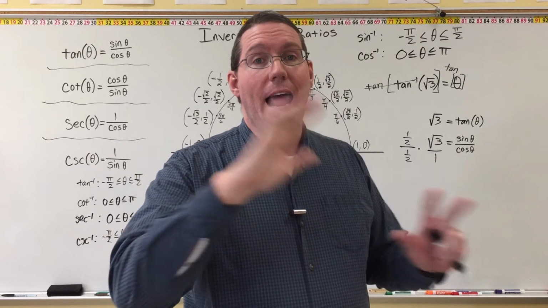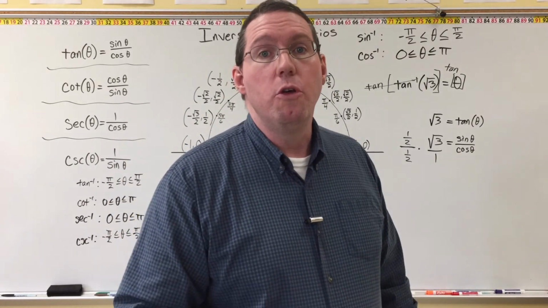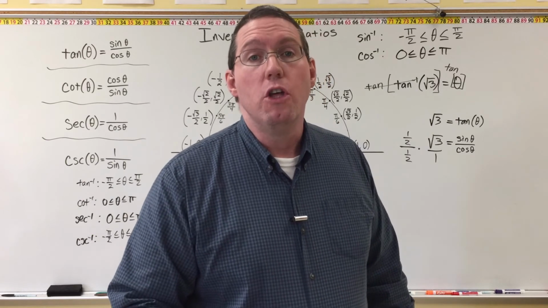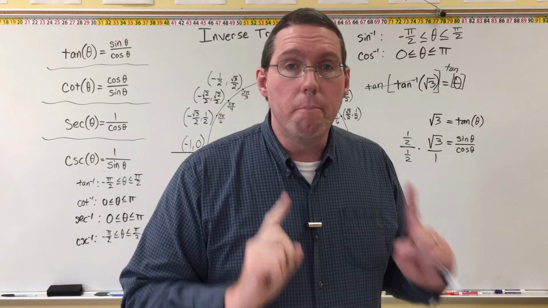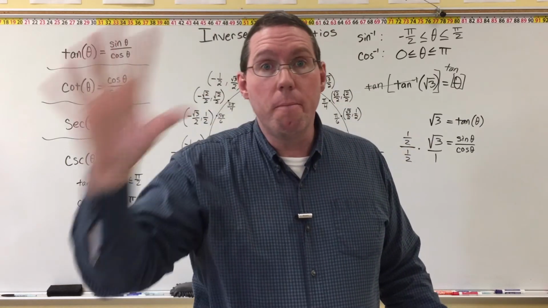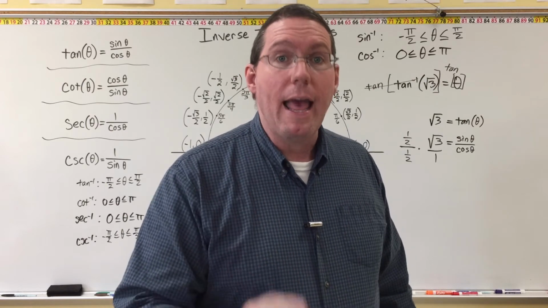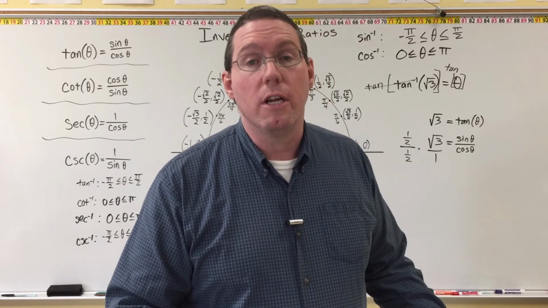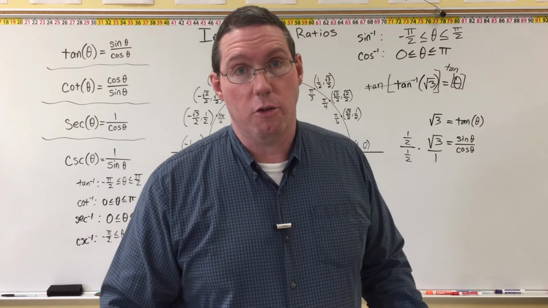You can multiply any term by 1, you can multiply any expression by 1, you can multiply any side by 1. You can multiply just the denominator by 1. You can multiply any component of an algebraic equation by 1 and it doesn't change the equation, because when you multiply by 1, you're not changing the value, okay?